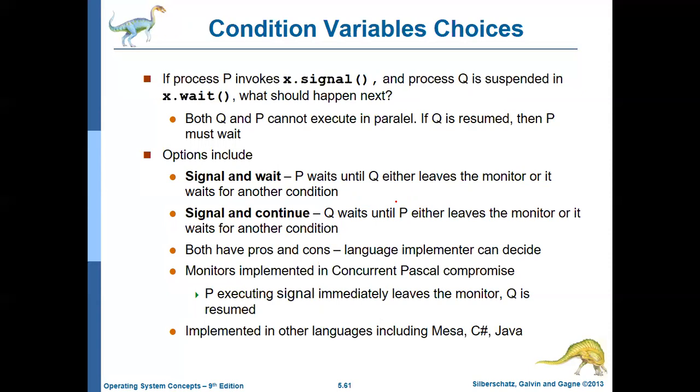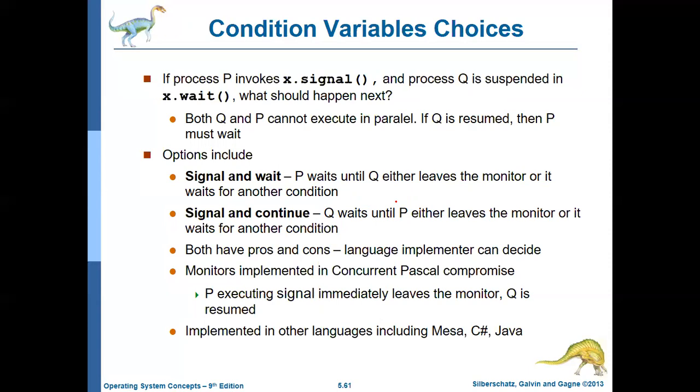Otherwise, both P and Q would be active simultaneously within the monitor. If one of them is suspended, then the other one can access. If the other one is suspended, then this one can access. This way, both P and Q cannot act in parallel. So if Q is resumed, then P must wait.